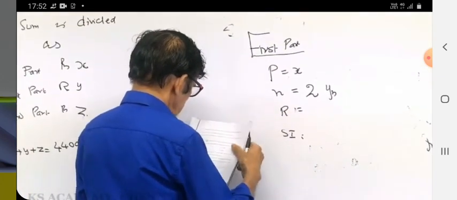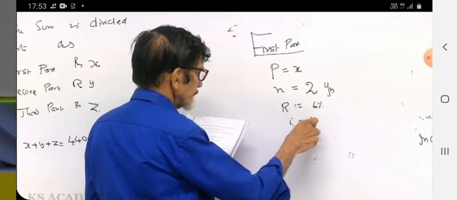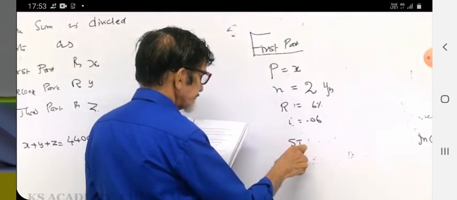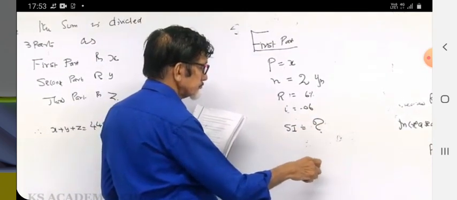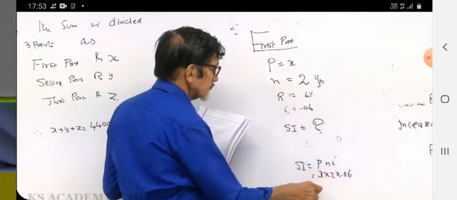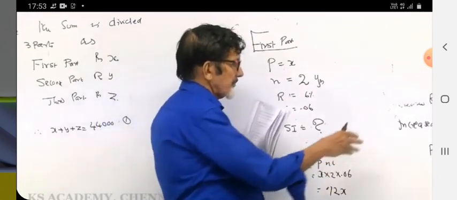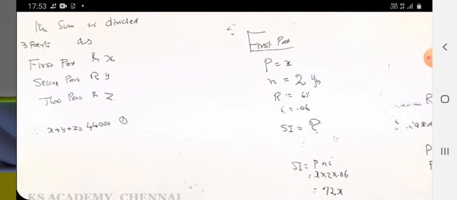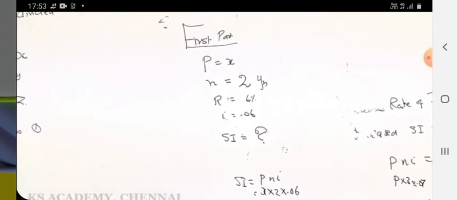Rate of interest for the first part is 6%. The n value and rate of interest are given, so you calculate SI. Why are we calculating SI? Because all the three parts' interests are equal.